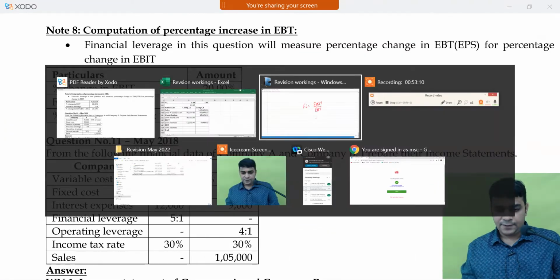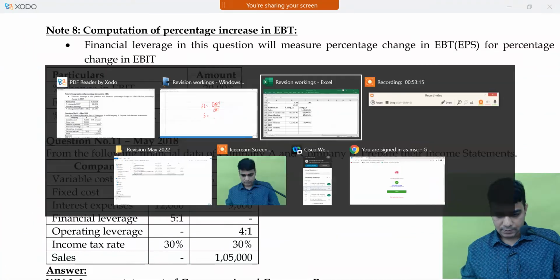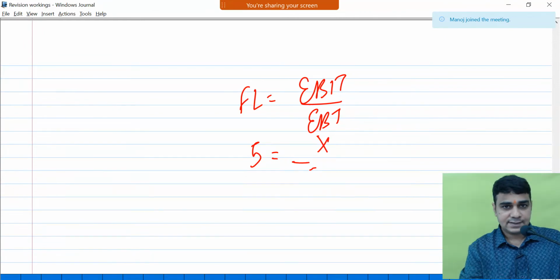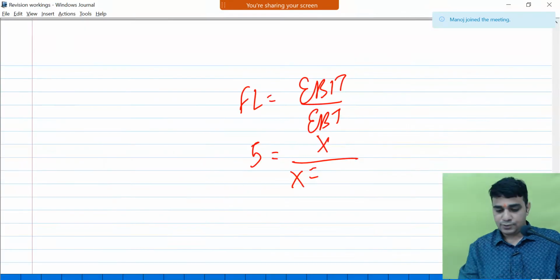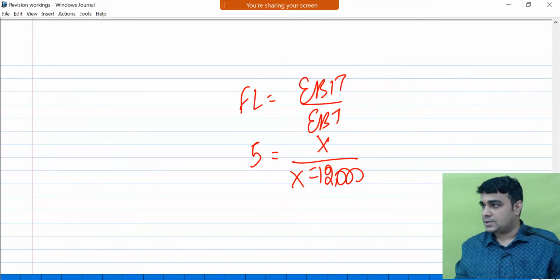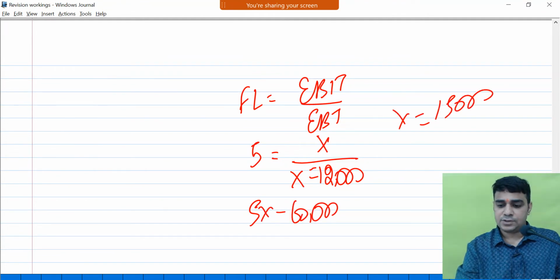The FL given is 5 times. So 5 times is equal to, if I go to my income statement, I take EBIT as X. EBT will be X minus 12,000. I'll solve this, I'll be able to get what is X. X will turn out to be 15,000.